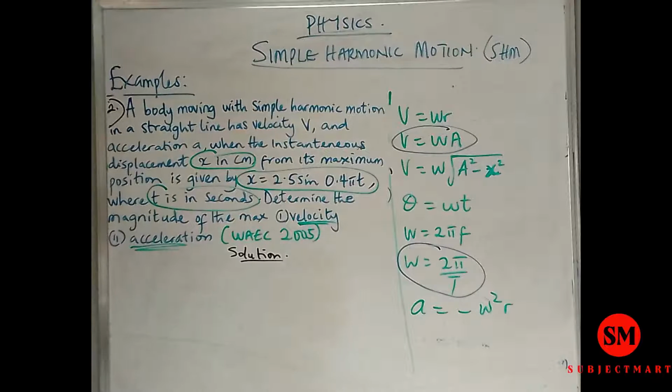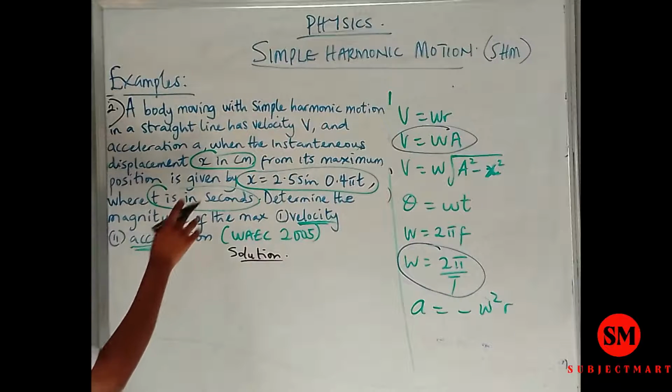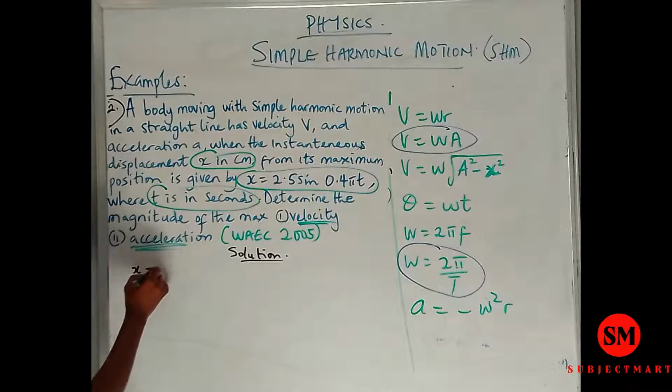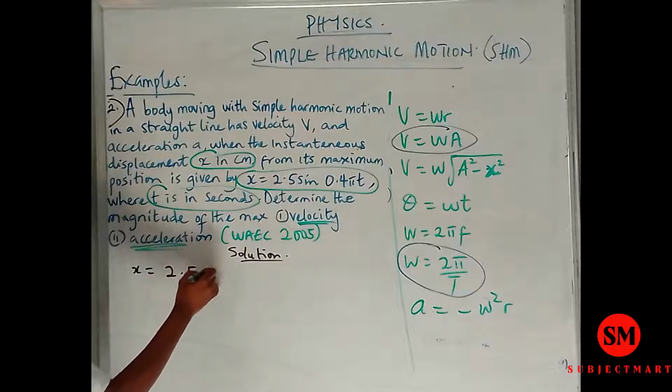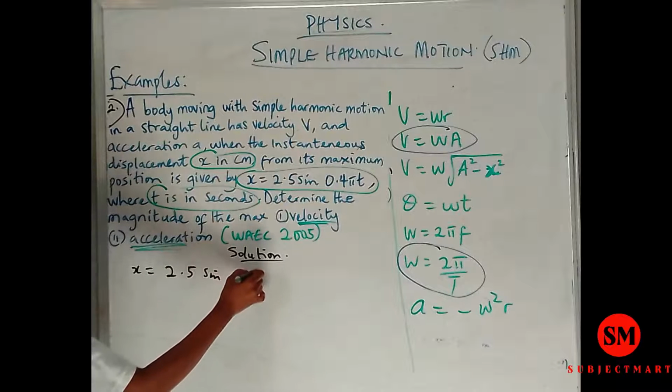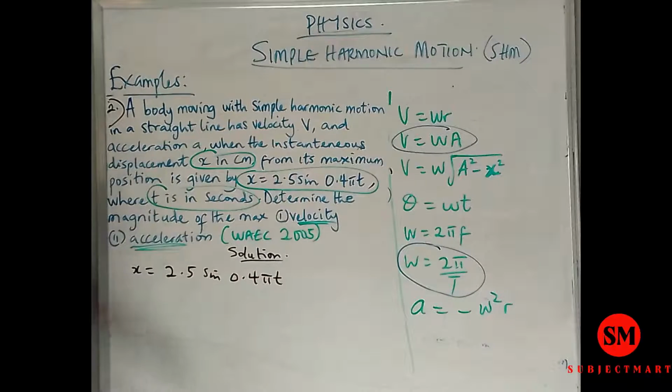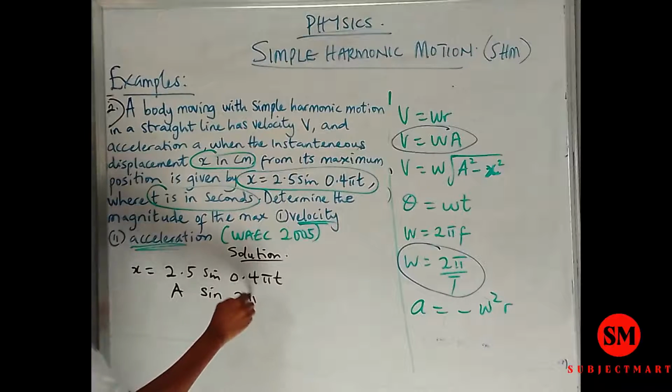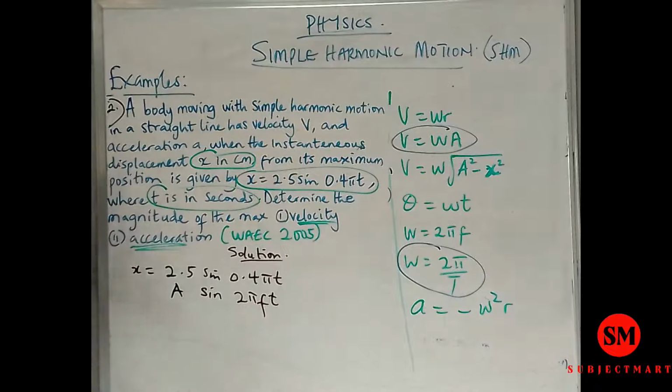So the first thing we do is to write out our parameters. From the question we have x equals 2.5 sine 0.4 pi t. So we compare this with the equation of the progressive wave, which is a sine 2 pi f t.